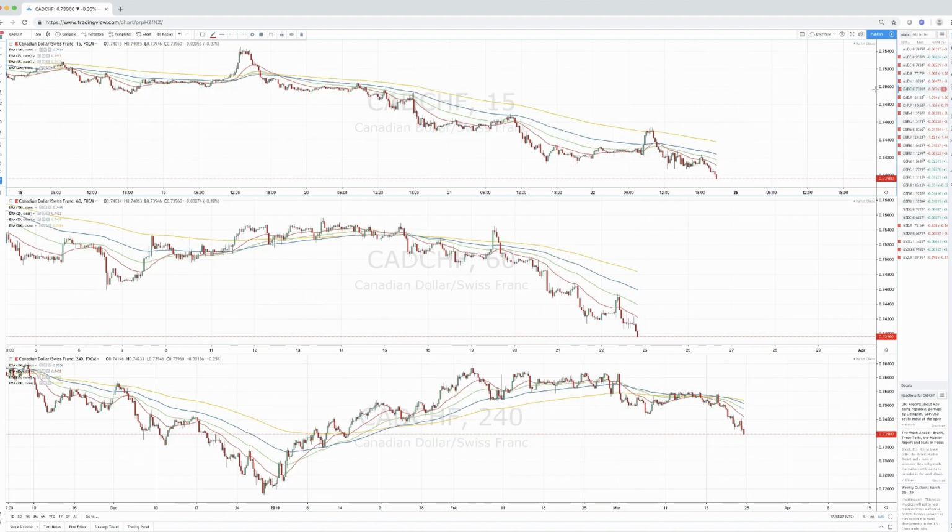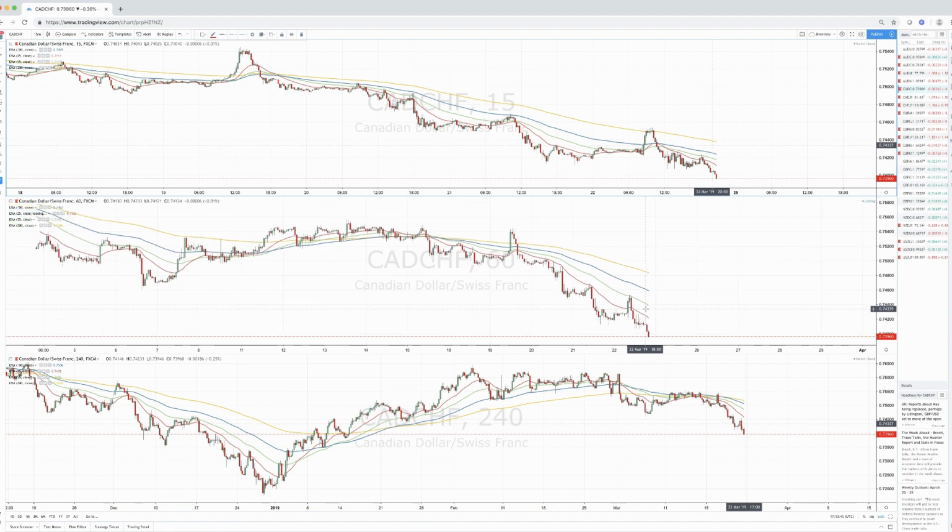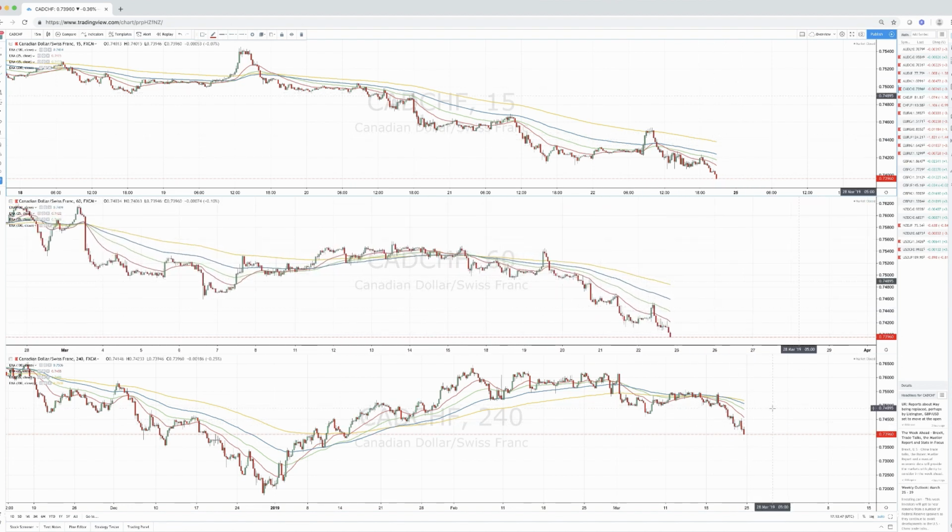The CAD Franc has now clearly shown its hand in that we had the reversal price action up towards the highs here, the 0.7645. The market then reversed, sold off, pulled back a little bit and sold off again. And since then, obviously the market has been going lower. What we want to do in terms of a trade here is look for some sort of a pullback.